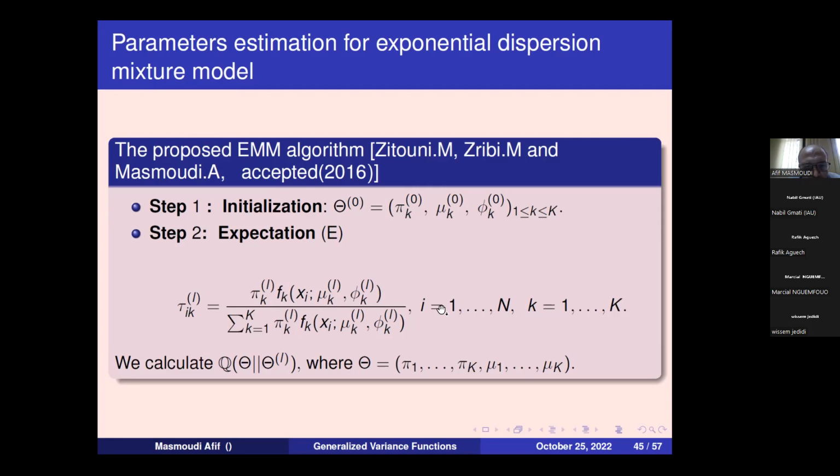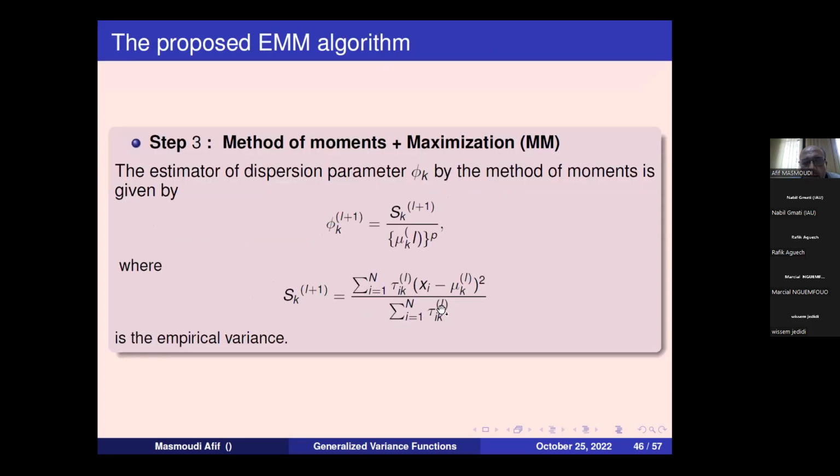Okay, so we apply the EM algorithm for the 3D distribution, which has the mean parameter, the dispersion parameter, etc. But the problem is how to estimate phi. So we estimate phi by using the Pearson estimator, applying the method of moments.